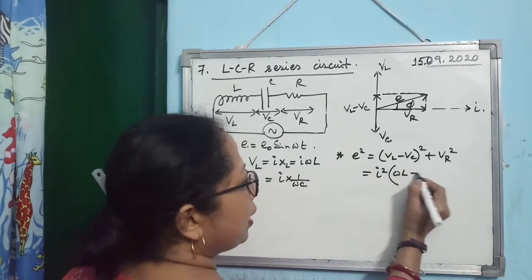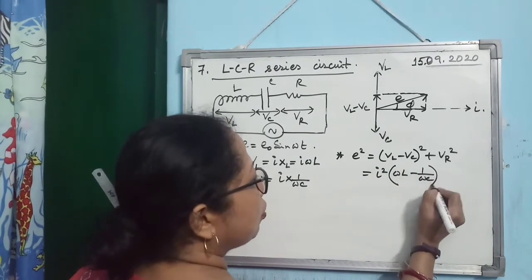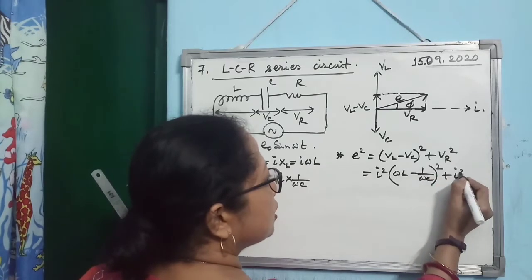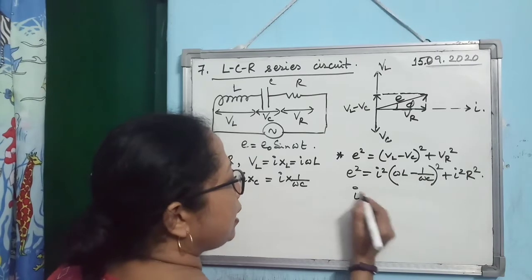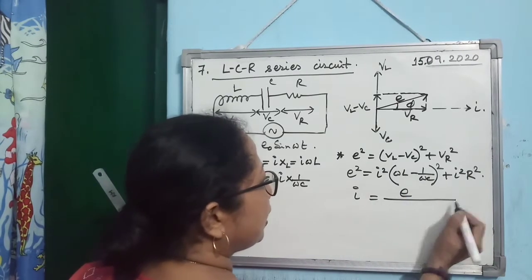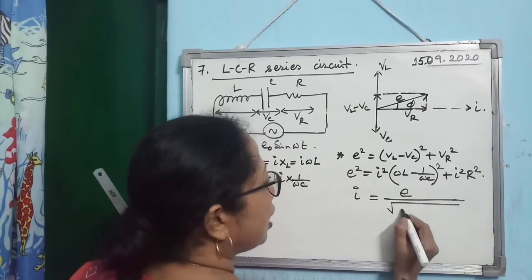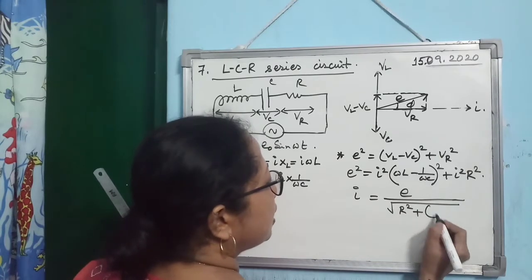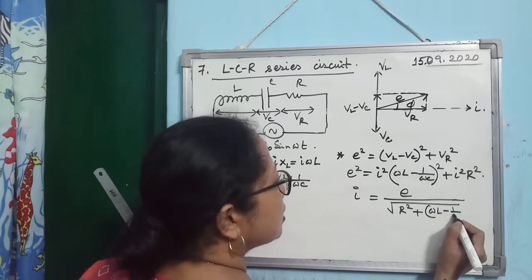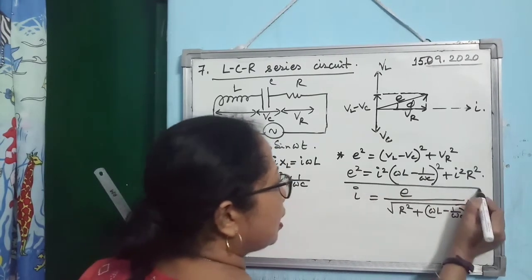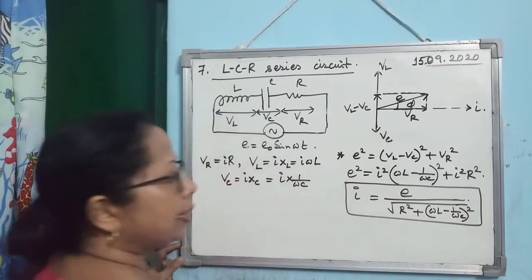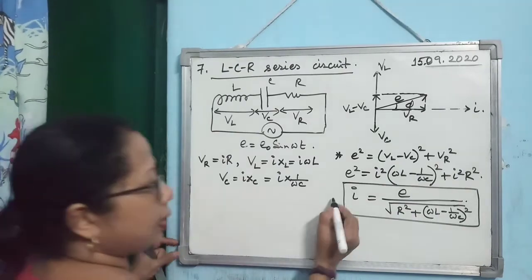So it will be omega L minus 1 upon omega C whole square, and it will be I square R square. So you see I, you can write E divided by under root R square plus omega L minus 1 upon omega C whole square. This is the expression for the current in an LCR circuit.